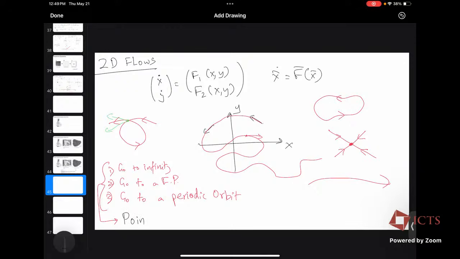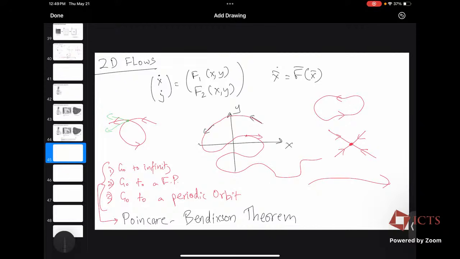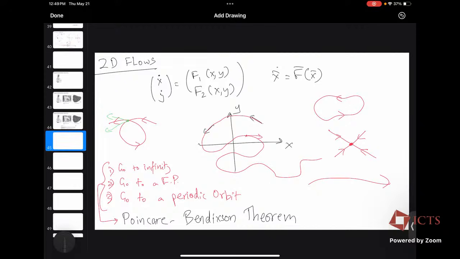This is called the Poincaré-Bendixson theorem. It basically tells us that trajectories are going to be, well, simple. Definitely look into this for more nuance about these statements and what they mean about the space and so on.